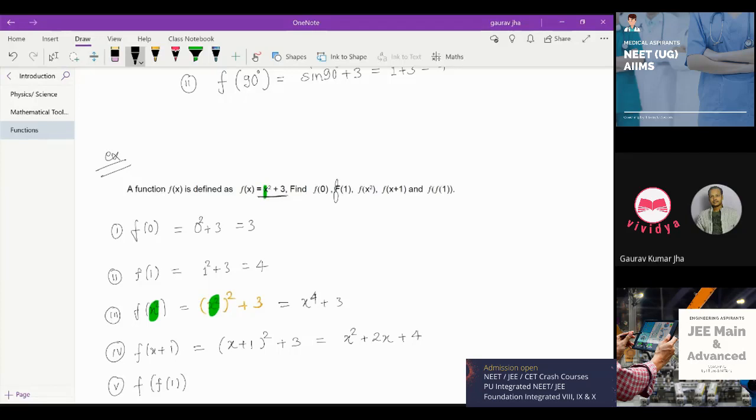Fifth question is f of f of 1. So first what we have to do is find f of 1. F of 1 we have already calculated. See, f of 1 is 4. So this question means f of 4. And f of 4 can be calculated by 4 square plus 3. Correct?